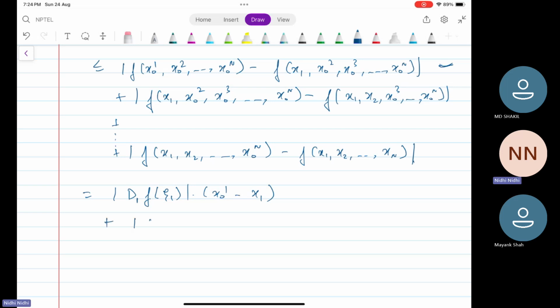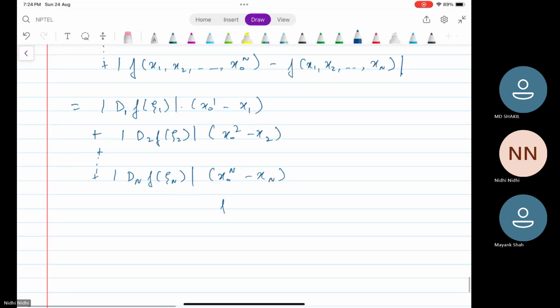Similarly, the next term will be d2 f at some xi2 times x naught 2 minus x2, and so on up to dn of f at some xi n times x naught n minus xn, for some xi i which is between x naught i and xi. This is by the mean value theorem.